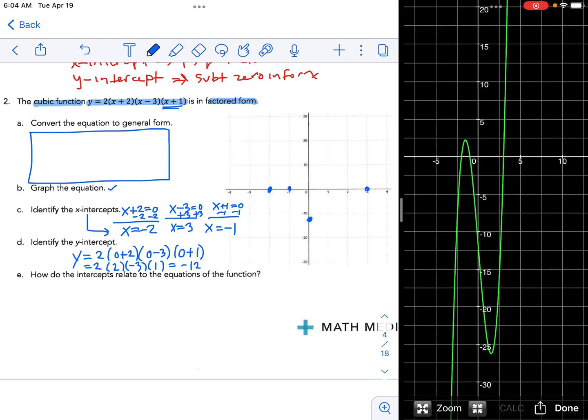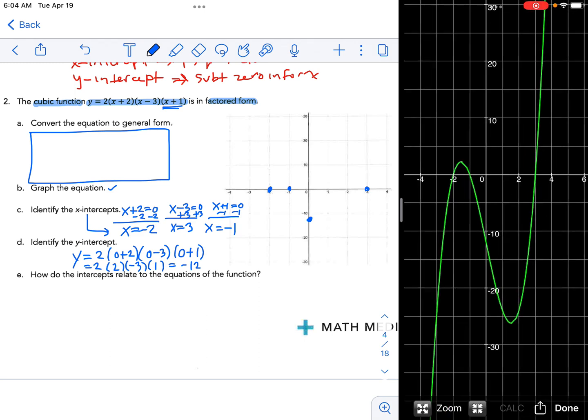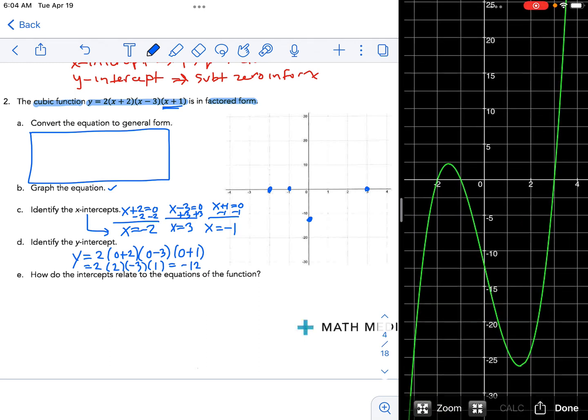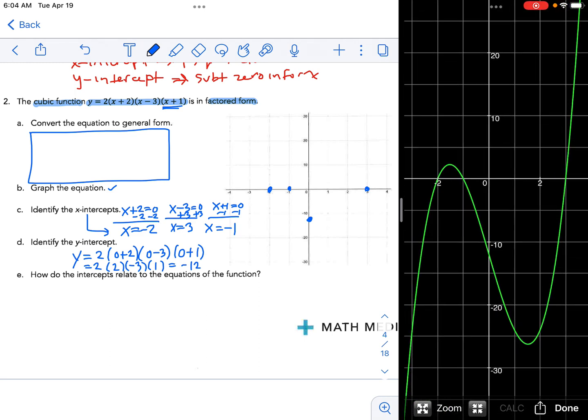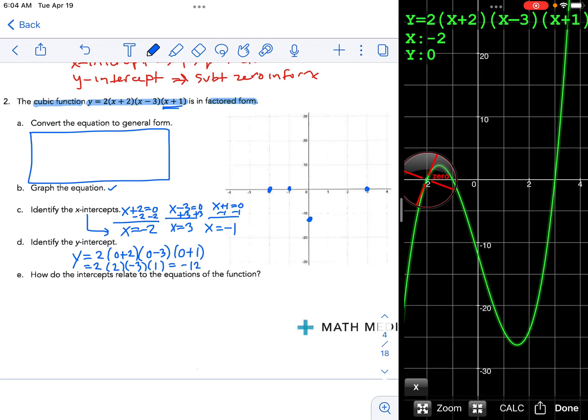And so for the sake of just the basic form, when we talk about looking at that basic form, I'm trying to expand it so you can see all the intercepts. And so the x-intercepts, if you notice, x equals -2, x equals +3, x equals -1. And then those are the x-intercepts, and then the y-intercept is -12.